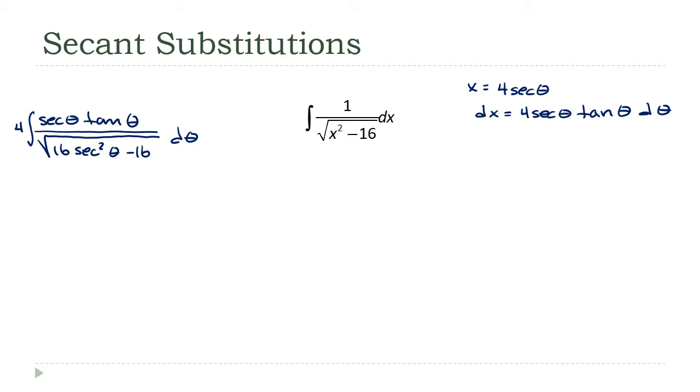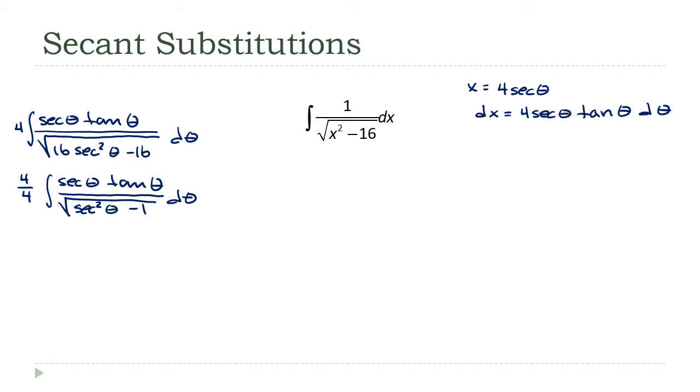And let's bring that square root of 16 out. So this is 4 over 4 integral secant theta tangent theta over the square root of secant squared theta minus 1 d theta.